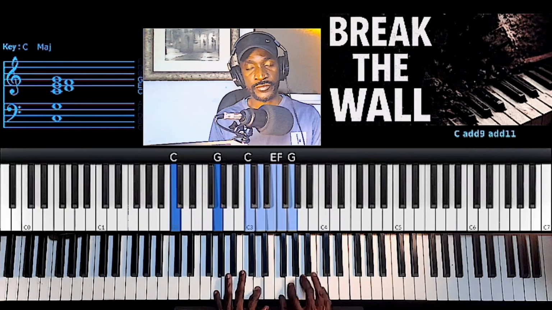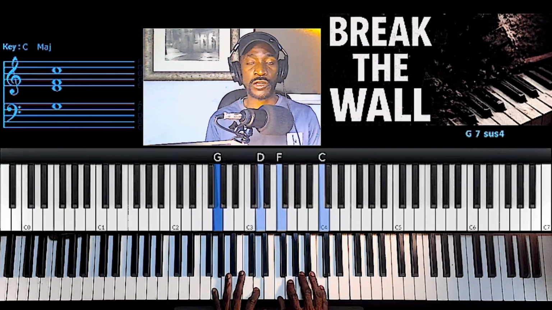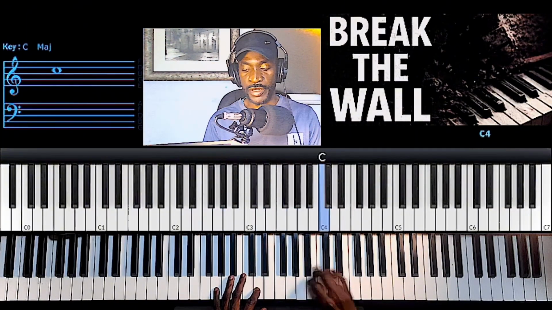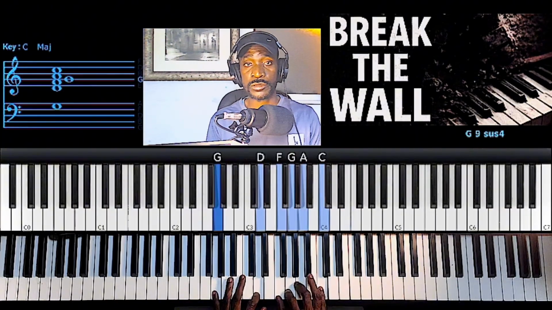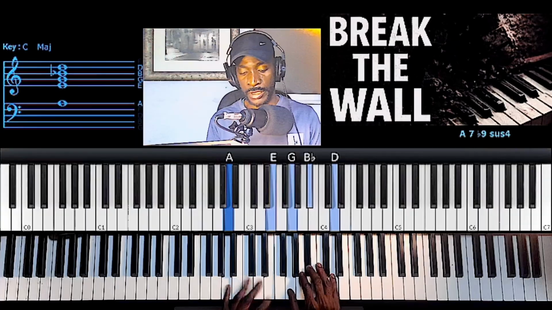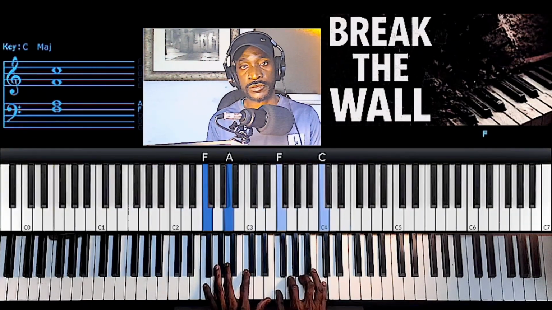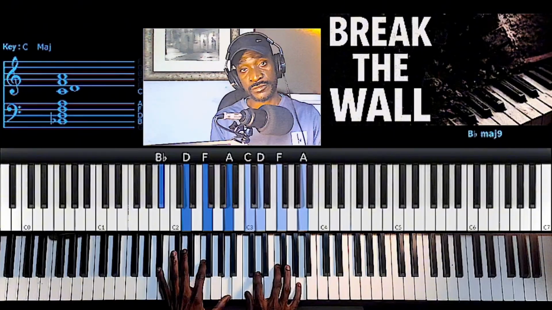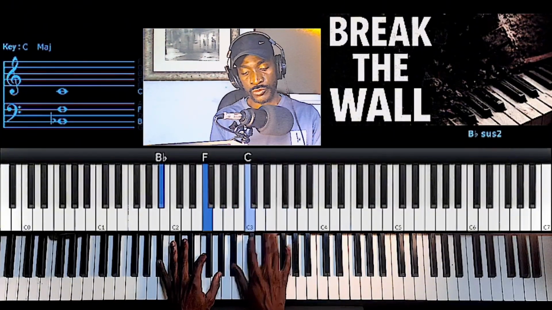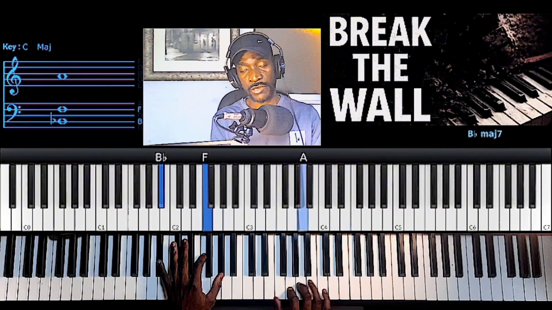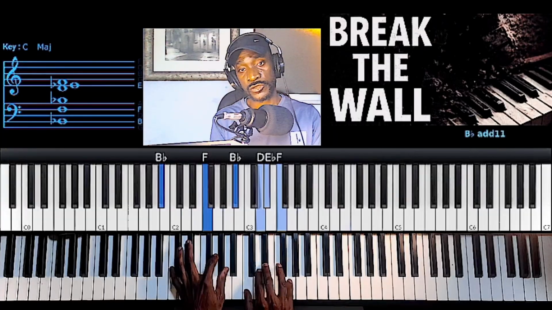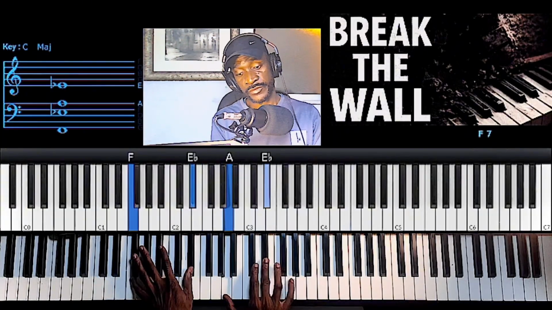So in the key of F, for example, that would be 1, 2, 3, 4, 5, 6, 7. So this is the 1, this is the 2, and this is the 5. In the key of B flat, same thing too. 1, 2, 3, 4, 5, 6, 7. That would be 1, 2, 5.